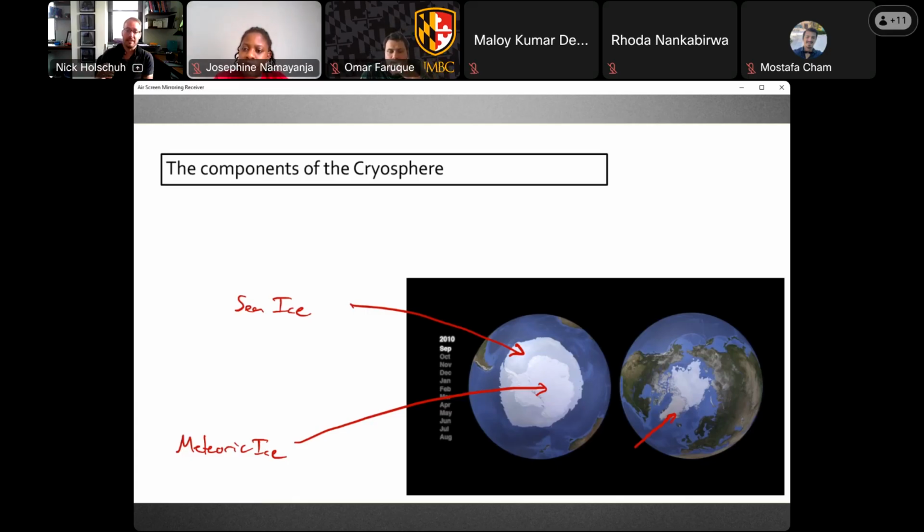So they change on different timescales, they respond to different processes, and the major questions around sea ice and its future and glacier ice or land ice and its future are quite different. So we're going to break down some of the core concepts in sea ice science and land ice science and identify some of the major outstanding questions that scholars are thinking about today.